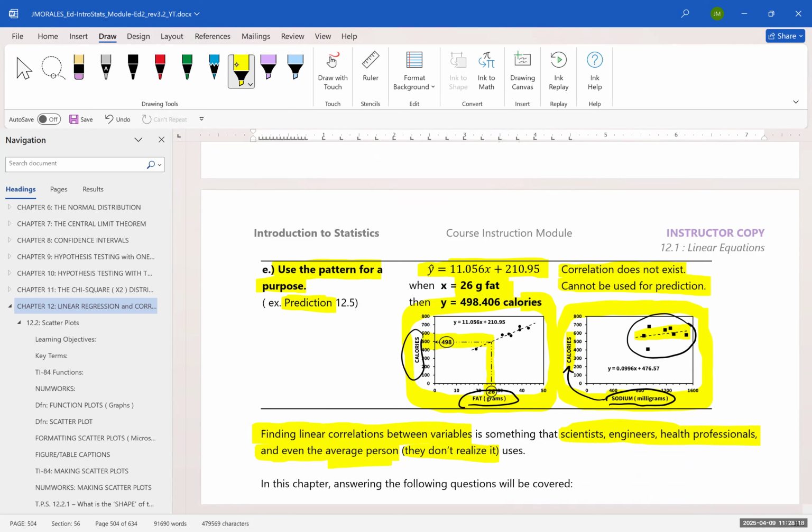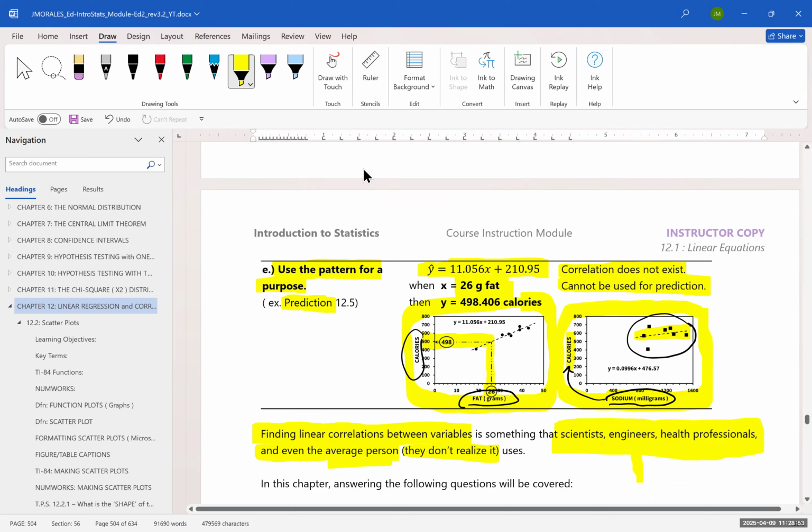But still, humans look for patterns in things. However, what we try to do as scientists, engineers, and health professionals is look for patterns that are not erroneous, but are in fact true, that have a mathematical basis, that have an objective reality to them, because we want to be able to design things based off of something that's true.